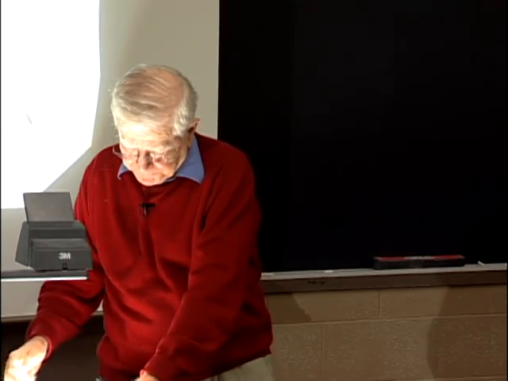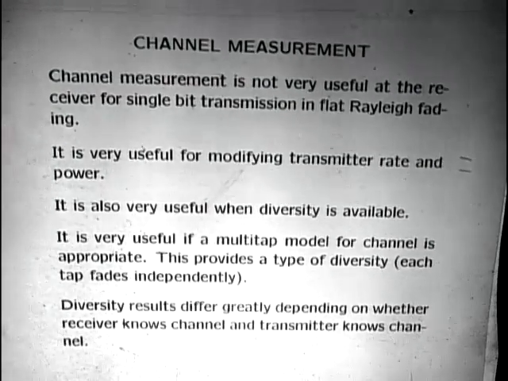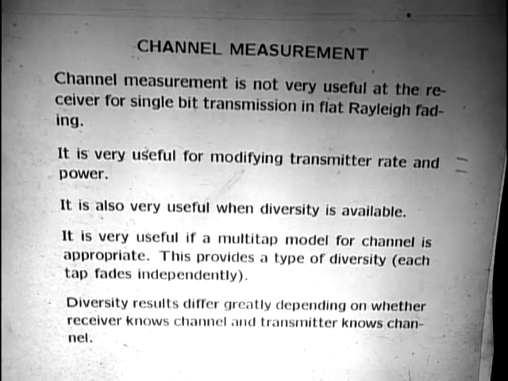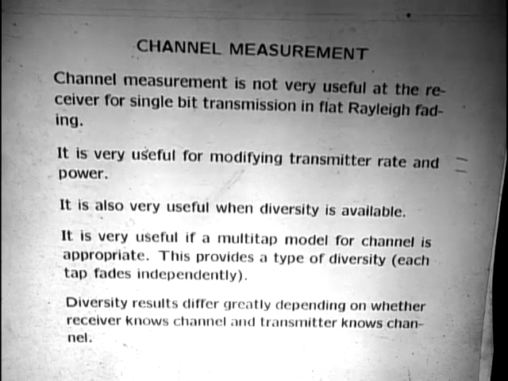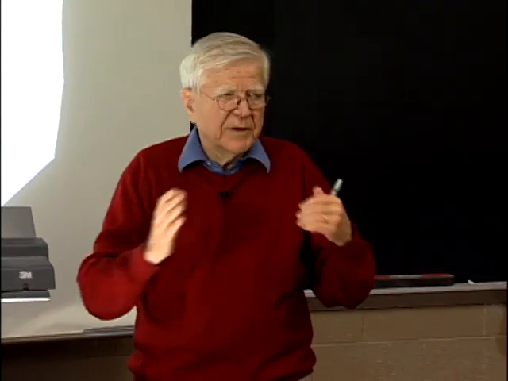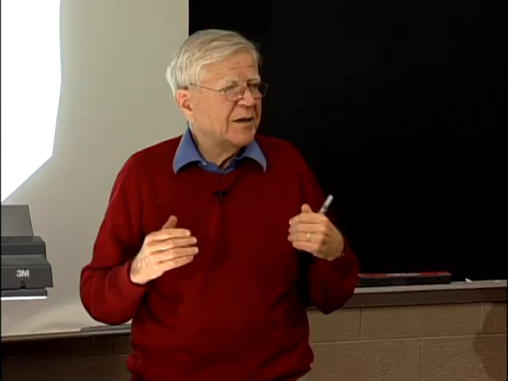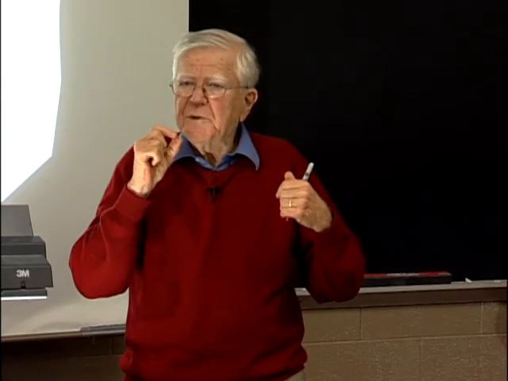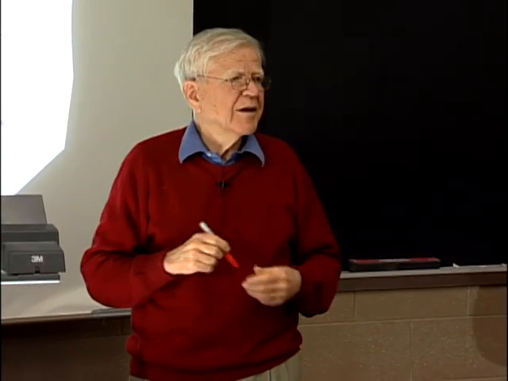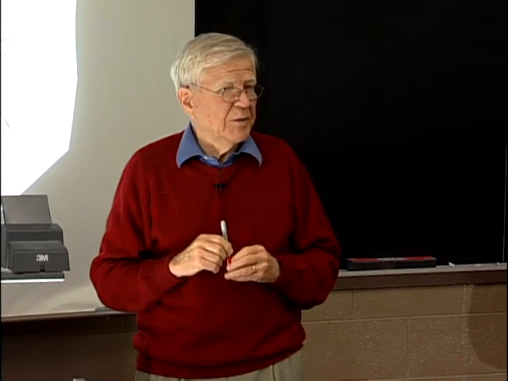Okay, so if you have a multi-tap model for a channel, remember the multi-tap models that we came up with? We were looking at transmission using multipath. And we had multipath in different ranges of delay. We came up with a model which gave us multiple taps for a discrete model of the channel.